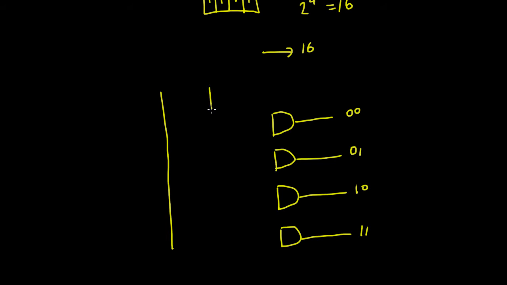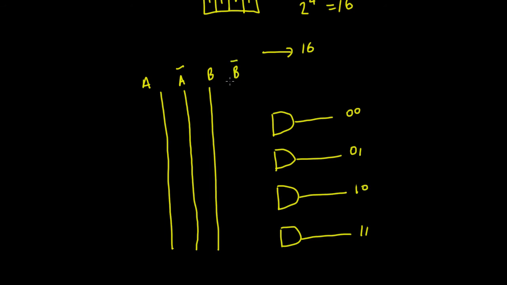At the input we're going to have 2 inputs, say A and B, but we need to get access to not A, which is the inverse of A, and not B. What we do is we put A and B through NOT gates to get these.